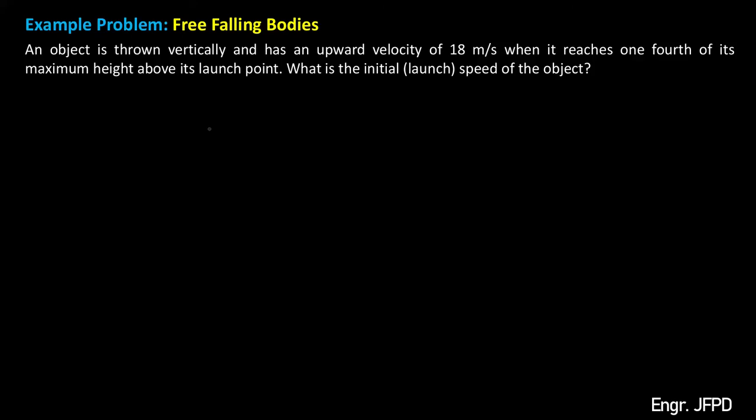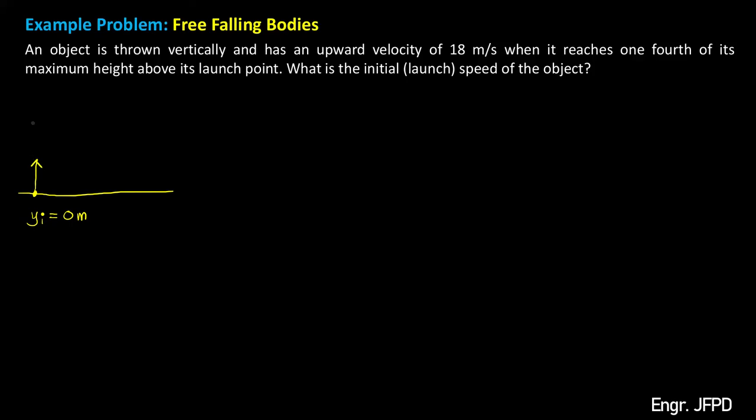First, let's try to illustrate this problem. Let's say that the object is launched from this initial position, wherein at this reference frame our initial position is equal to 0 meters, and the object is being thrown straight upward.